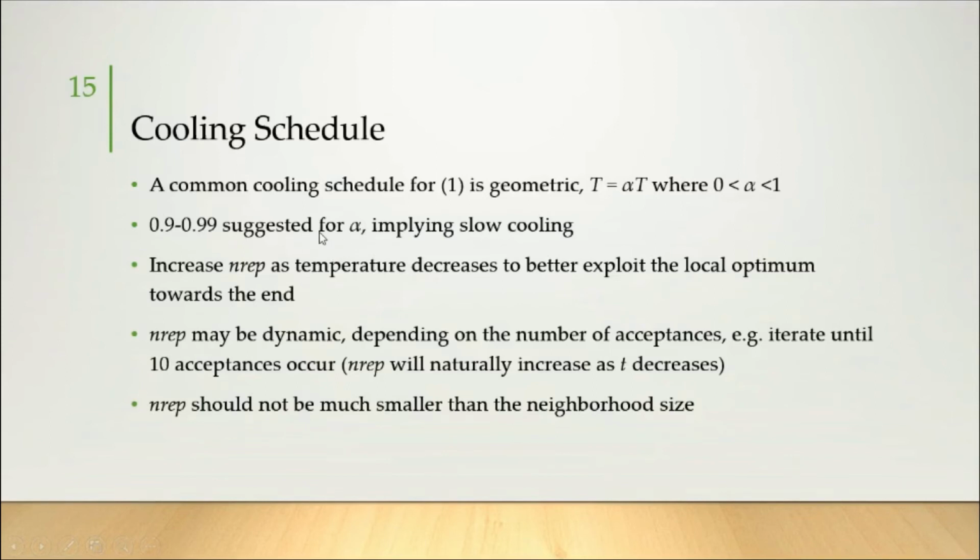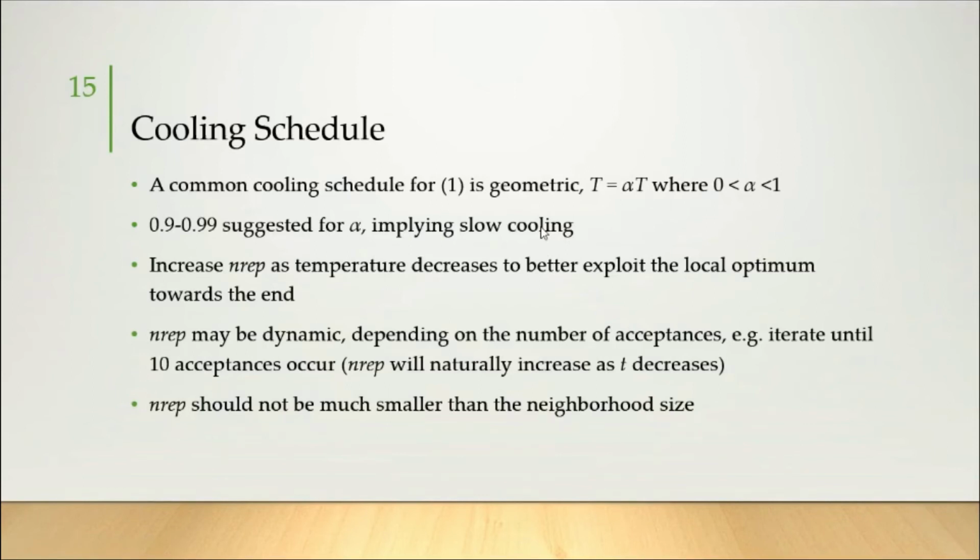As I said, T divided by 1.1 can be used as a cooling schedule. Instead of dividing by 1.1, it can be taken as 0.9 to 0.99, so it can be multiplied, alpha into T. And this implies very slow cooling. If we take alpha as 0.8 or 0.7 or 0.6, that is very fast cooling.